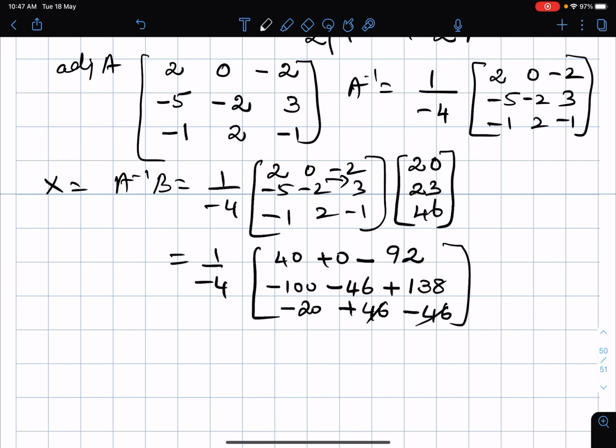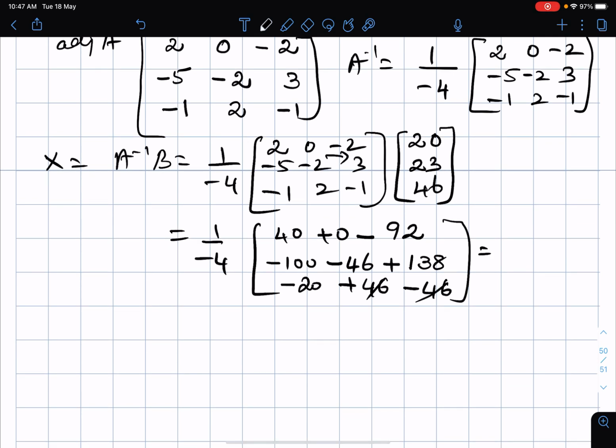This gets cancelled. So your answer is going to be minus 1 by 4. When you add it up, you get it as minus 52, and the second one it is minus 8, and the last one is minus 20.